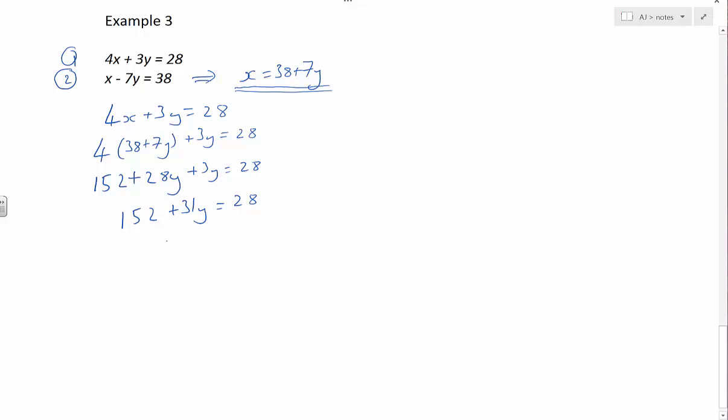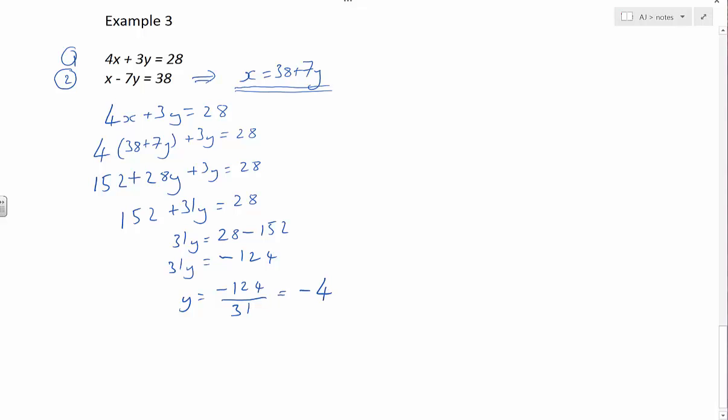Take the 152 off both sides. 31y is 28 minus 152, and 28 minus 152 is negative 124. So if 31y is that, then y is negative 124 divided by 31. A negative divided by a positive is a negative, and 124 divided by 31 is 4. So the answer is negative 4.